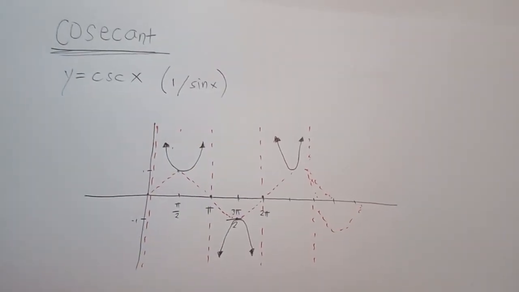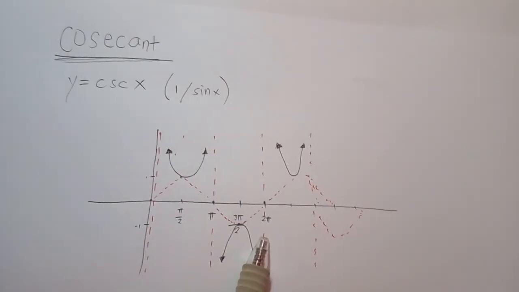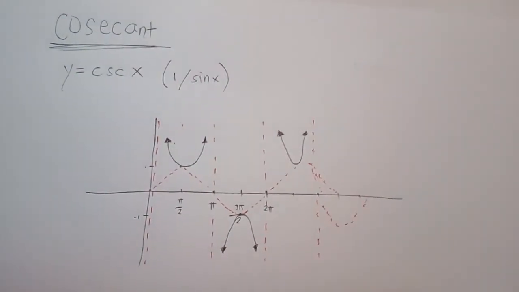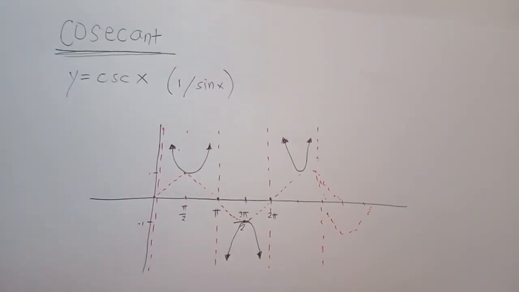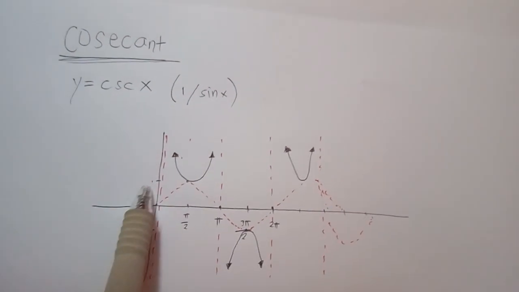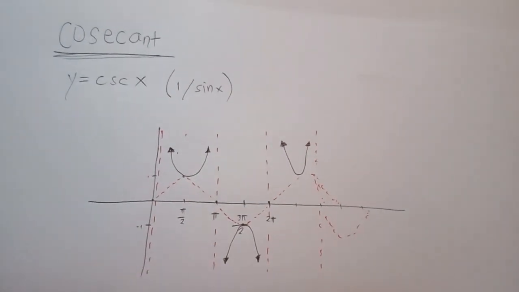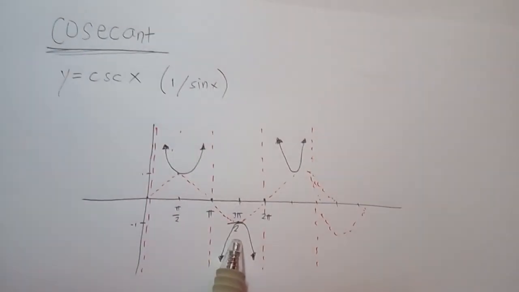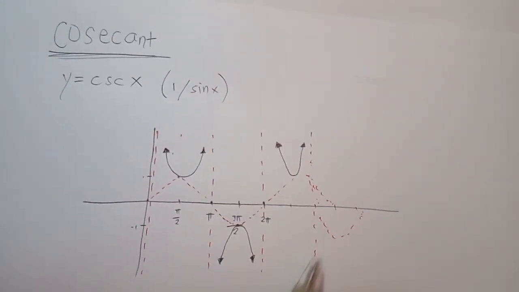If the period for sine is 2 pi, the period for cosecant will also be 2 pi. The amplitude of sine varies between 1 and negative 1. Sine starts at the center, it goes up, and then you know the routine.